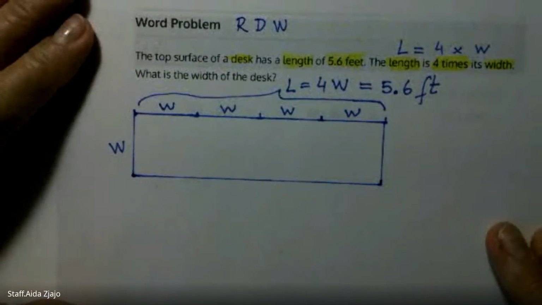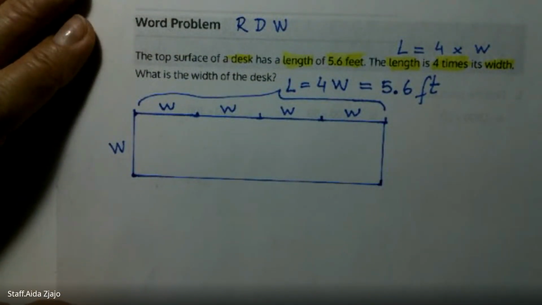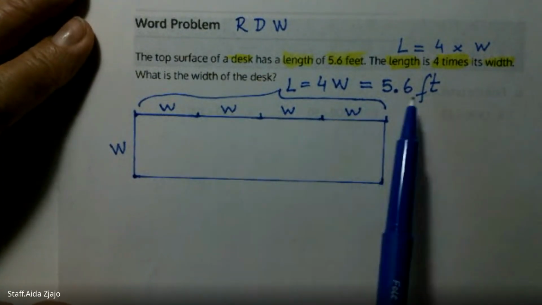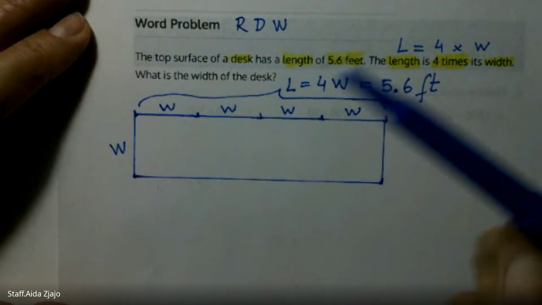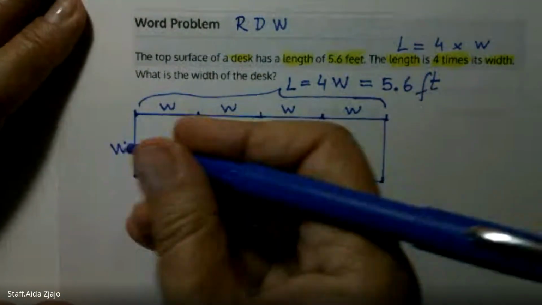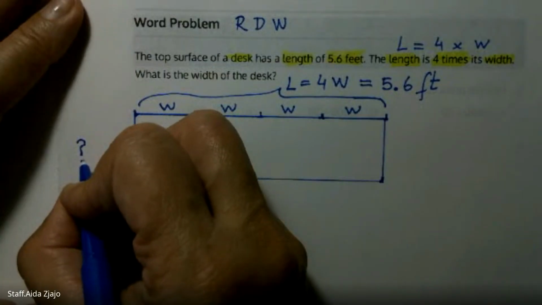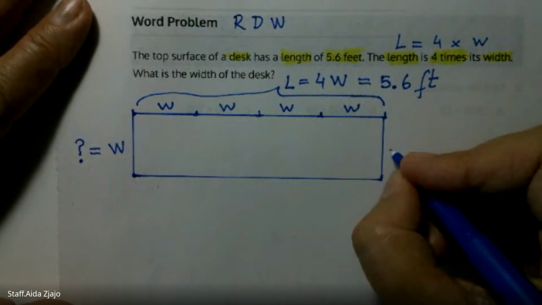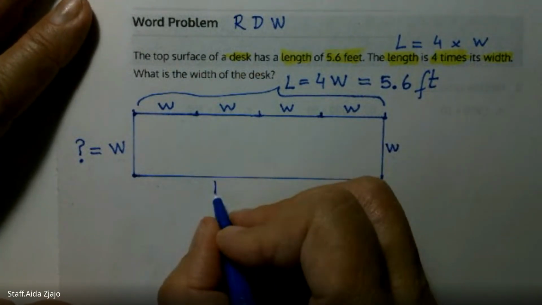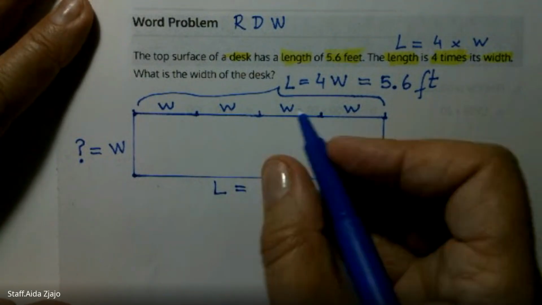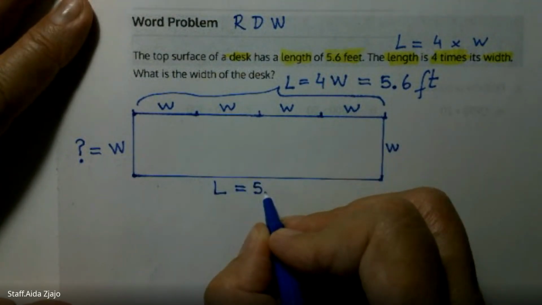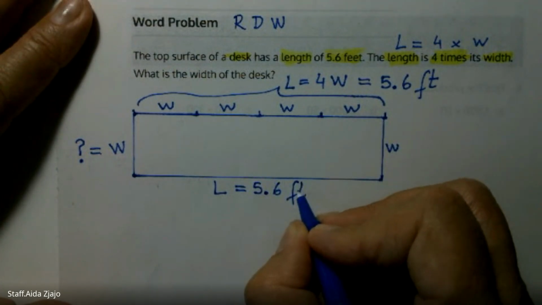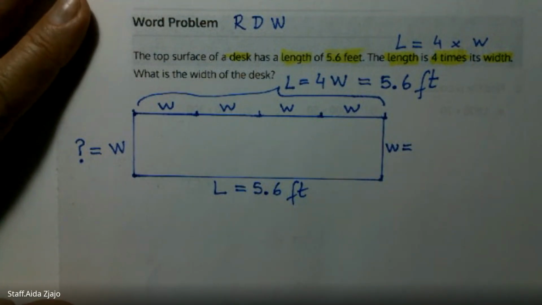Okay, so that is the desk. So what I need to find is, if I have this length, what is the width? The width is unknown, so we don't know. That is our question mark. What width? The width is also on this side, and the length is on this side. The length is 5.6 feet. And then the width, we're going to figure it out.